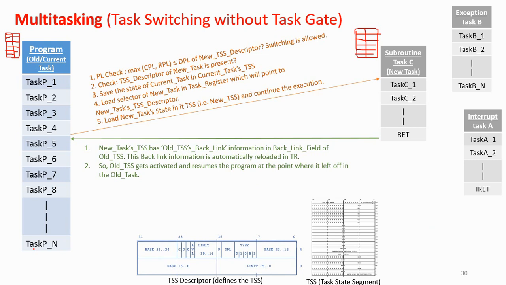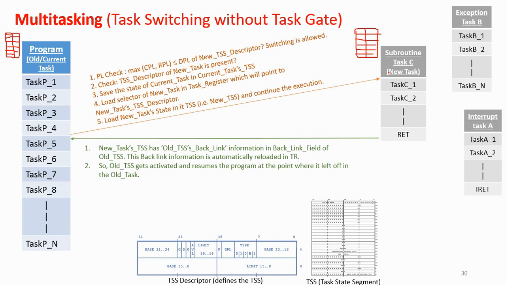Students, up till now we have seen what happens inside during task switching without task gate. Means the selector field of the task register will get loaded, it will locate the TSS descriptor and this TSS descriptor will select the TSS. Now we will see what actually happens when a current task is getting executed and when the current task switches to the new task.